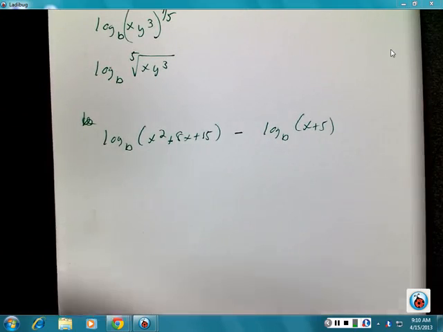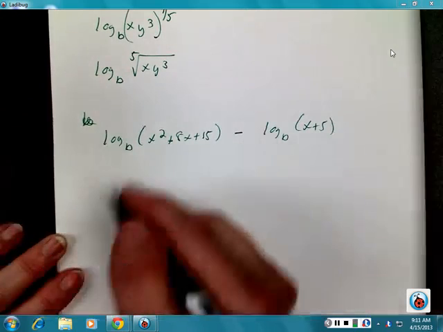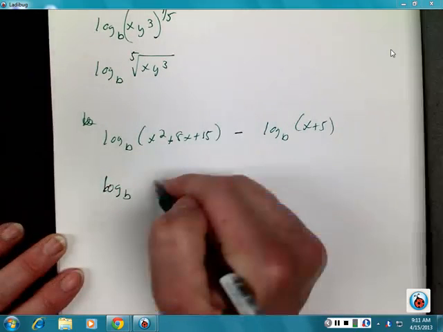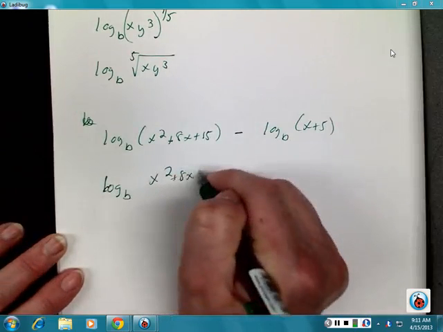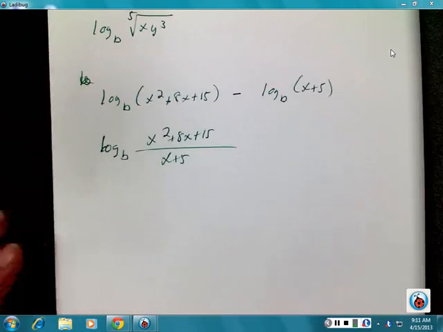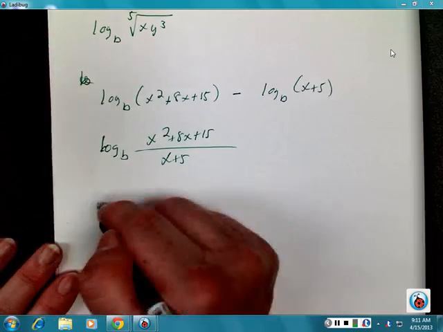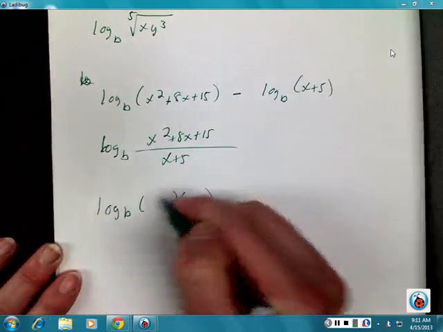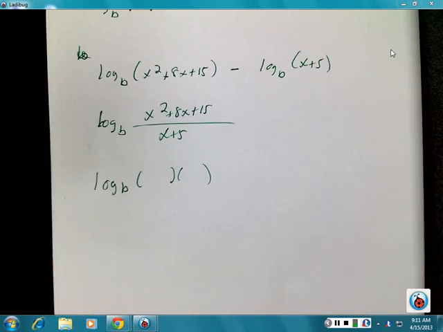Well, subtraction means I need to put it back together. So I have log b, x squared plus 8x plus 15 all over x plus 5. And in all of these cases where you run across this, that top part can be factored. But they give you a hint.